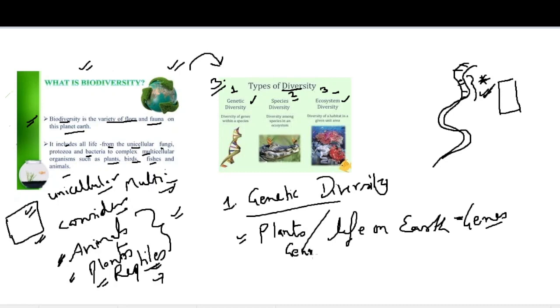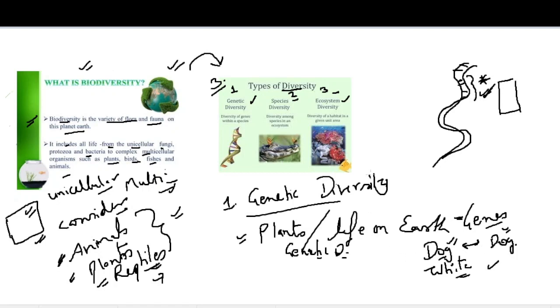Take the example of a dog. One dog is completely different from another dog at the genetic level. Two dogs may appear white from their coat, but at the genetic level they are different.